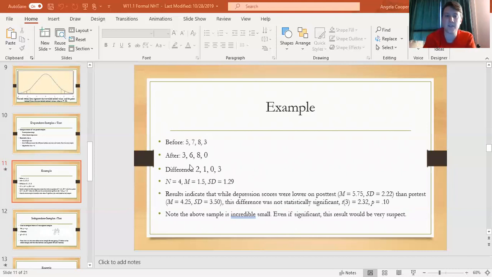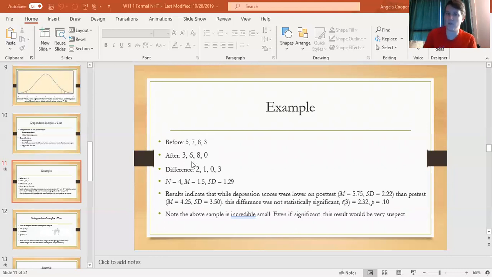To find the difference here, it's 5 minus 3 is 2, 7 minus 6 is 1, 8 minus 8 is 0, and 3 minus 0 is 3. That's where we get these difference scores: 2, 1, 0, 3. We're subtracting one group from the other. So this n equal to 4 refers to the number of difference scores we have. Keep in mind that these are all the same people. Bob scored 5 first and then 3 second.